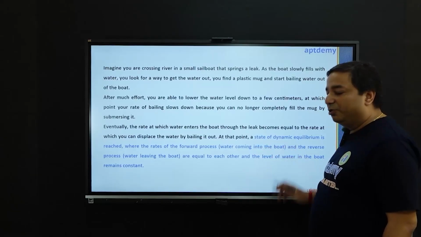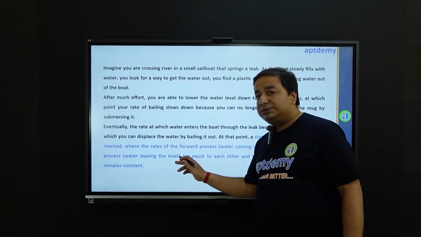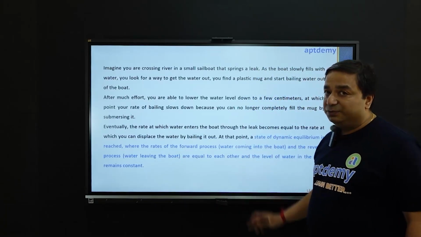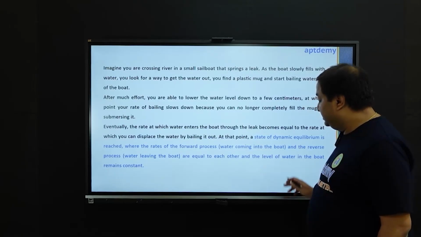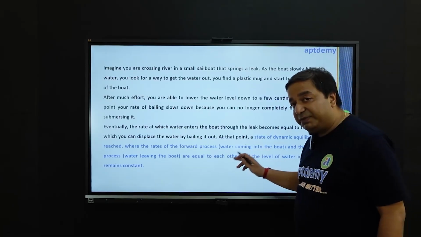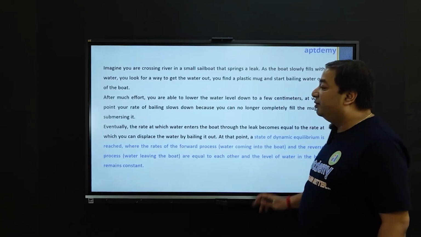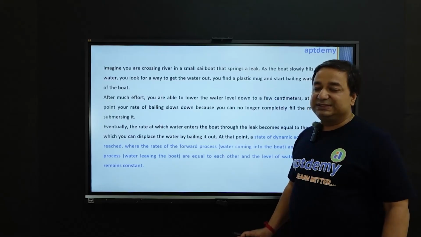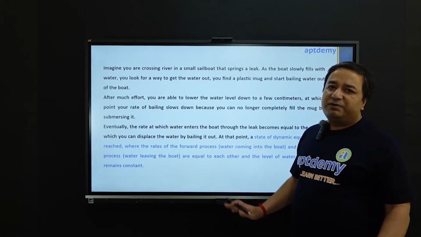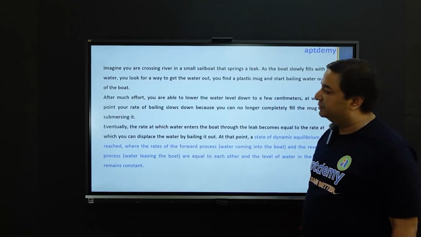Water coming into the boat, and the reverse one, water leaving the boat, are equal to each other. And because these rates have become equal, the level of the water in the boat will now remain constant. So this is a very crude way of explaining chemical equilibrium with a real life example.